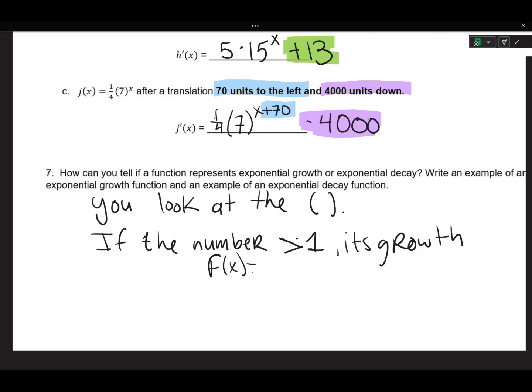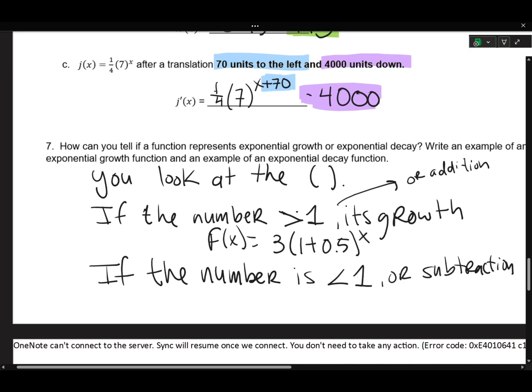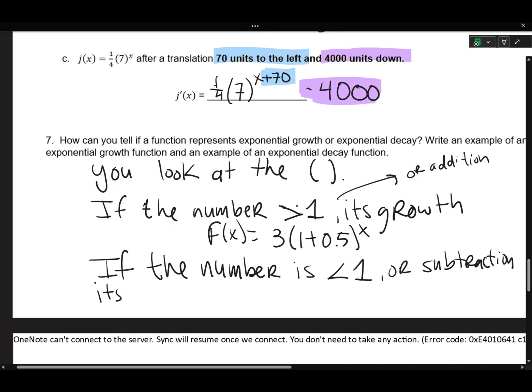f of x equals 3 times (1 plus 0.5) to the x. If the number is less than 1, oh, I forgot to say, or addition, or plus 1, so, or subtraction, it's decay.